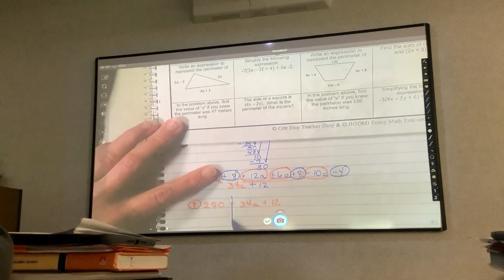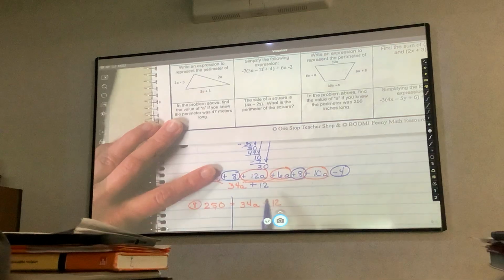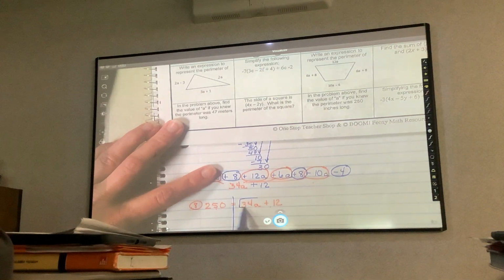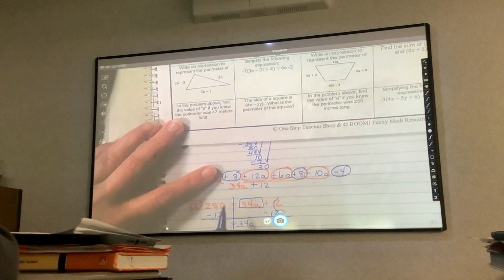Draw your line, and then box my 34a, subtract 12 on both sides, show that those cancel each other out. This equals 34a, and what's 250 minus 12? 238.